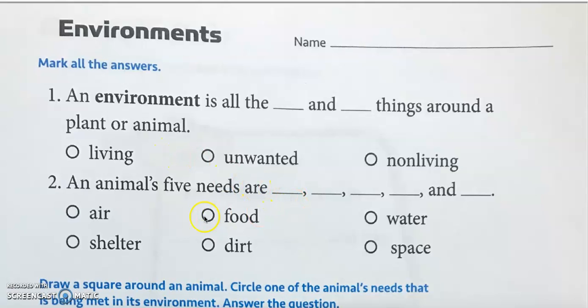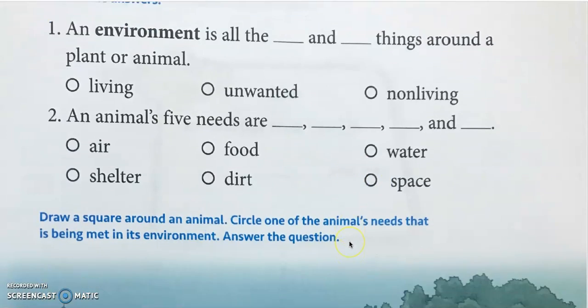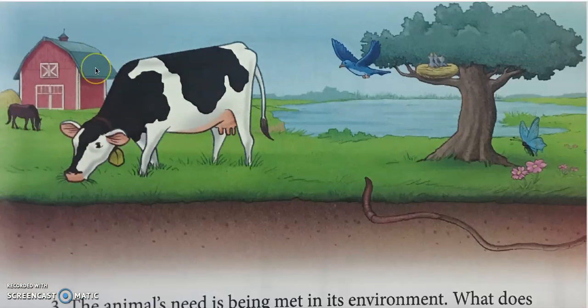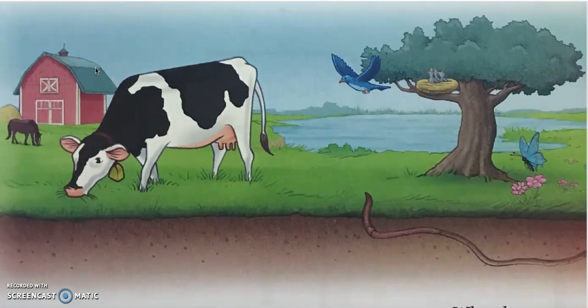What are the 5 needs? Air, water, food, shelter, and space. Okay. And now you are going to draw a square around an animal and circle one of the animal's needs that is being met in its environment. Okay, and then you will answer the question at the bottom here.